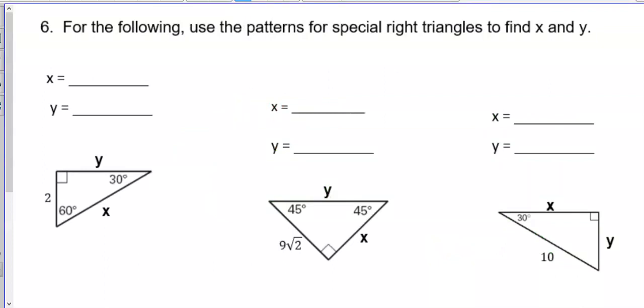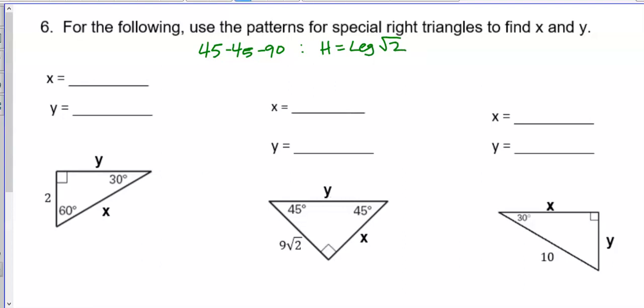All right, moving to number 6. For the following, use the patterns for special right triangles to find x and y. What I like to do when I get to problems like this is just remember the rules. For 45, 45, 90, your hypotenuse is a leg times the square root of 2.